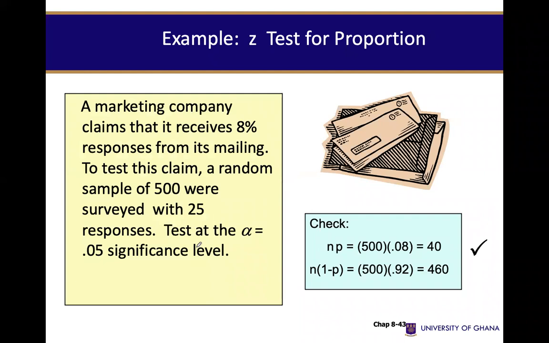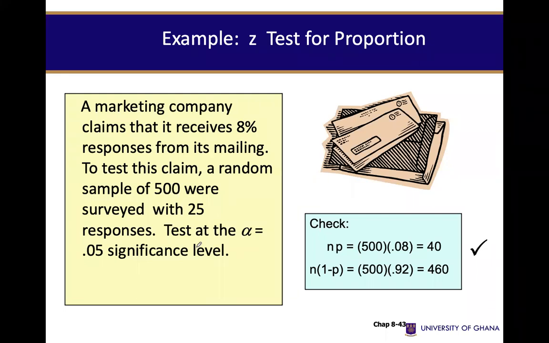So we have a marketing company that claims that it receives 8% of its responses from its mailing. To test this claim, a random sample of 500 were surveyed with 25 responses. Test at the alpha level equals 0.05.